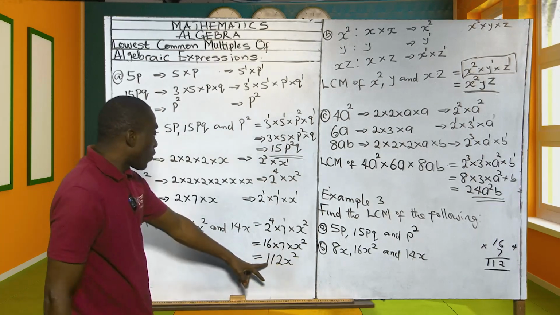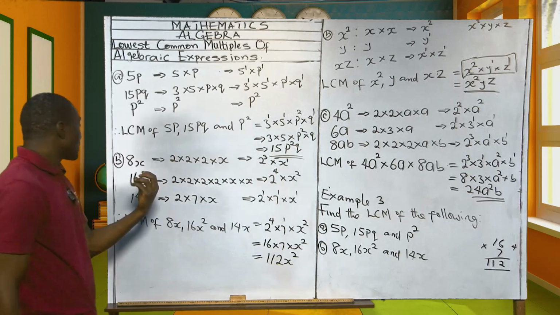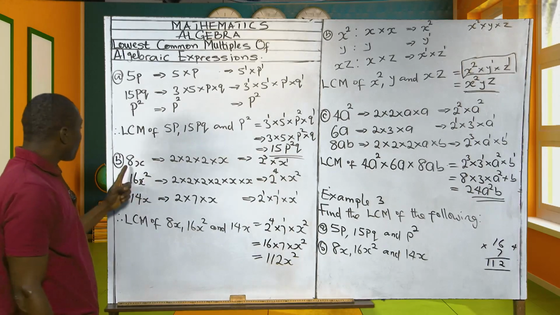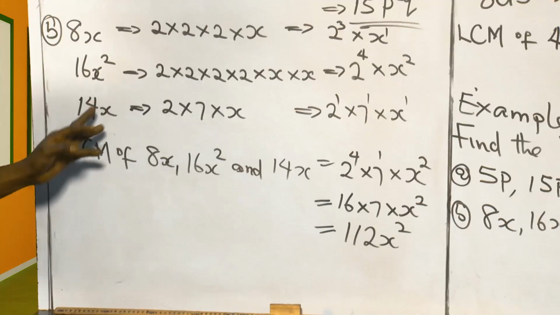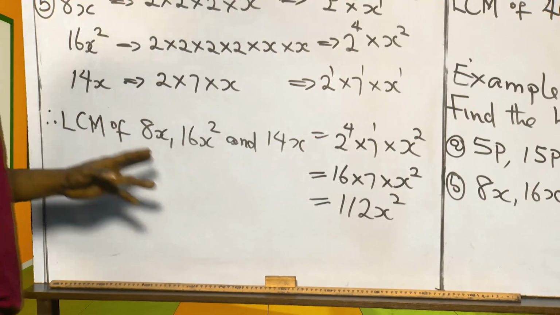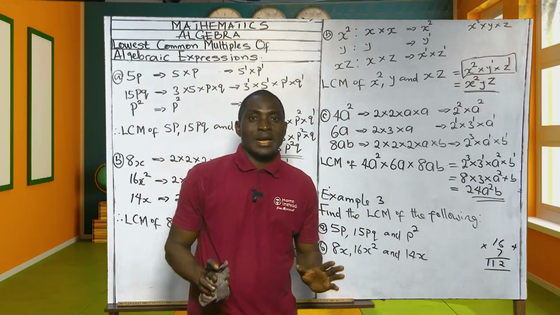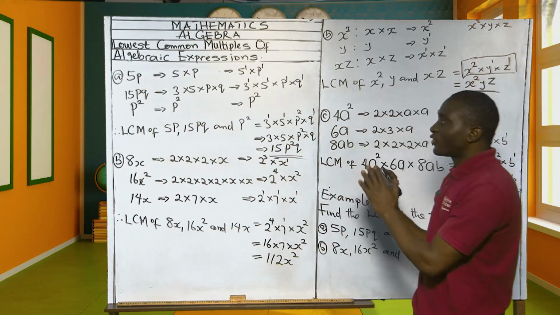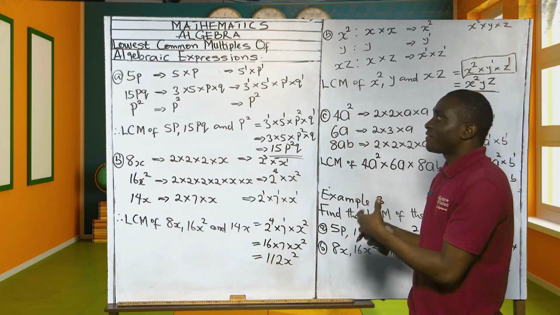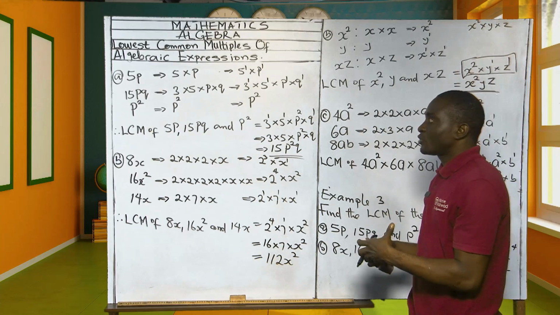Okay, so 112x squared is the lowest common multiple of 8x, 16x squared, 14x.